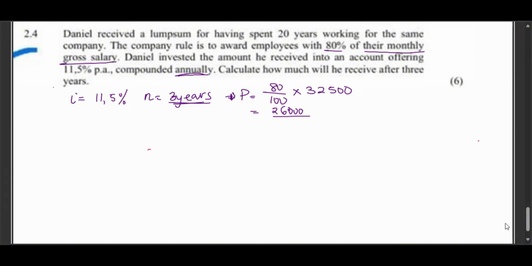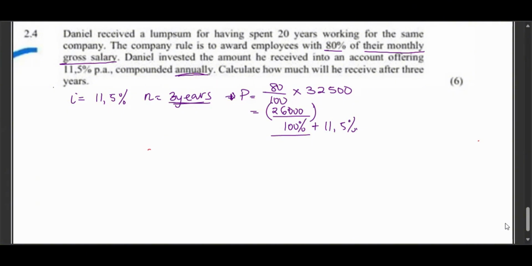Now, there are methods of calculating this. Remember, we don't have a formula. So at the moment, this money carries 100%. On top of this money, it's going to be gaining 11.5% every year. So what percentage is it all in all?